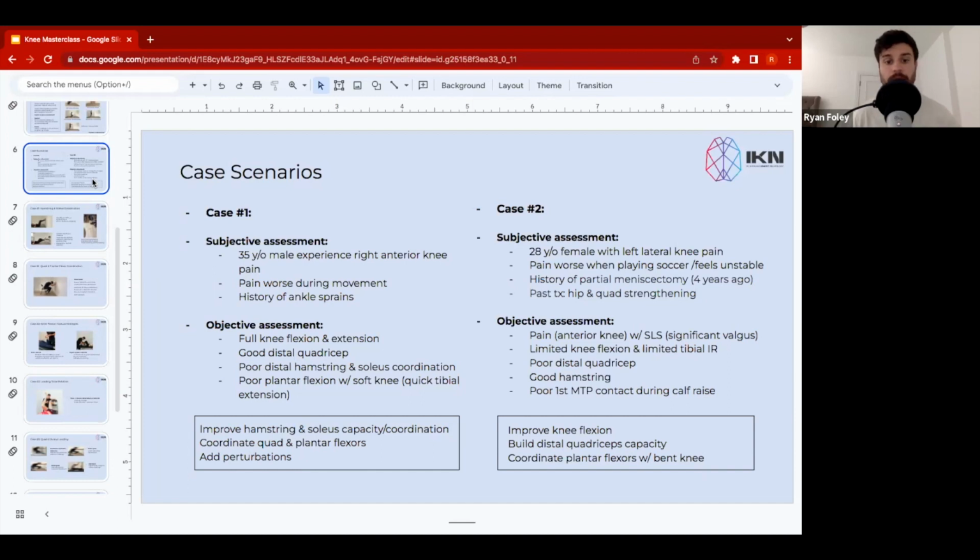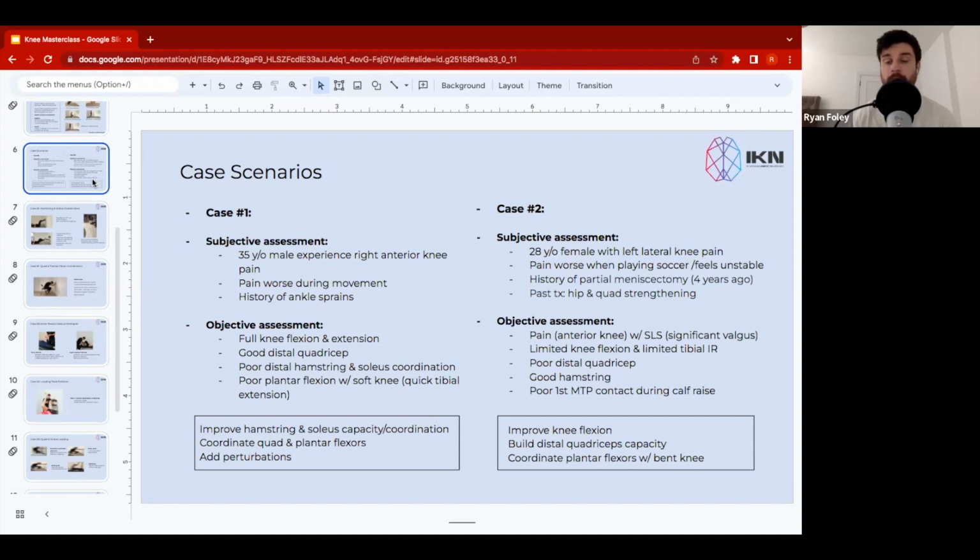So looking into the objective assessment, the client had full tibial flexion and tibial extension, a good distal quadricep. Now, I can appreciate that we didn't really go through any real specific distal quadricep assessments in the last assessment slide, but we do need to have those assessment measurements as well. So we need to get a clear insight into how well the tibia can extend, how well the distal quadricep can generate forces.